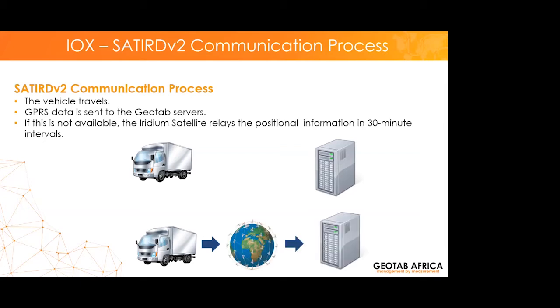Thus, with no network, you will still continue receiving positional data every 30 minutes. This option is ideal for clients that have vehicles traveling in areas where there's no GPRS network and they are carrying expensive equipment.